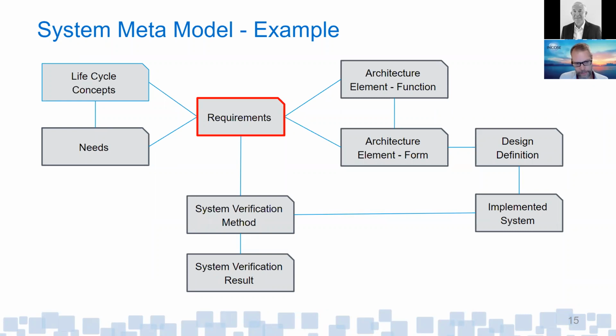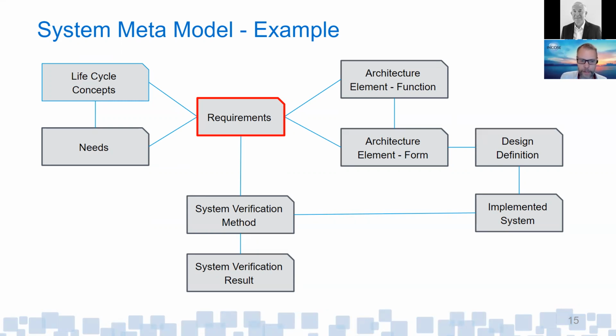At least if you're a tool vendor, as far as I know, there is no globally aligned meta model for a system. So probably each company has its own permutation of a system meta model. What you're looking at here is an example which is probably pretty close to what most are using.